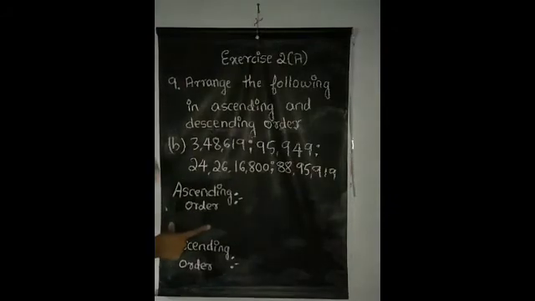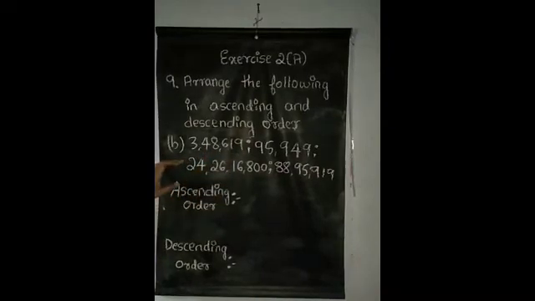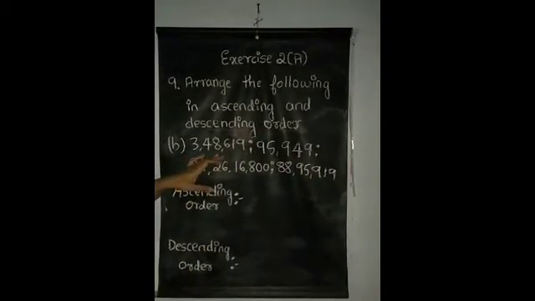Second one, here also we have to arrange these numbers in ascending order and descending order. First we will arrange these numbers in ascending order. What do you mean by ascending order? Ascending order means from smallest number to the largest number. So first we have to count the number of digits in each number.